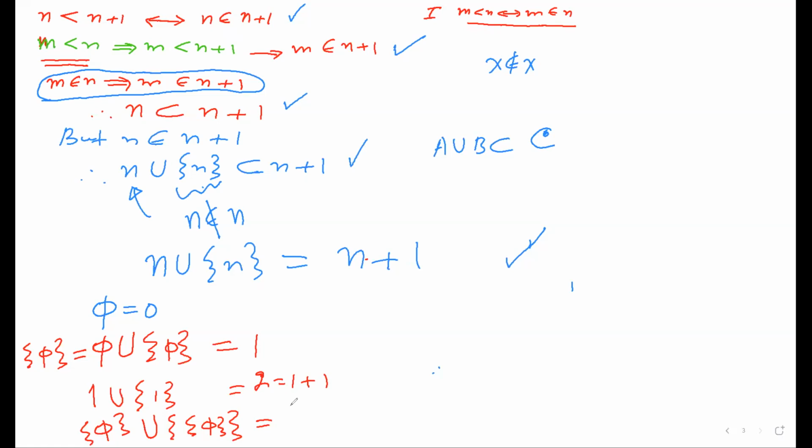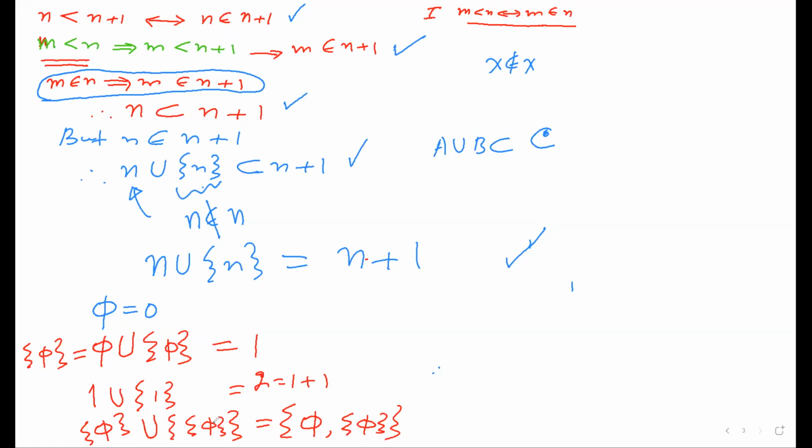So this is messy. So I'm going to write it as this. So this set here has the empty set as an element, and it has this as the element.